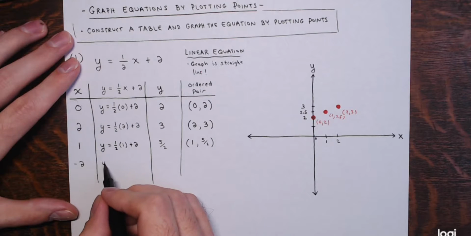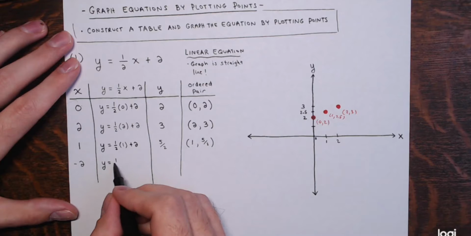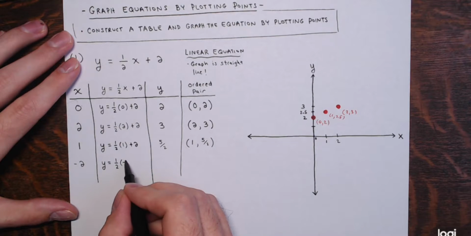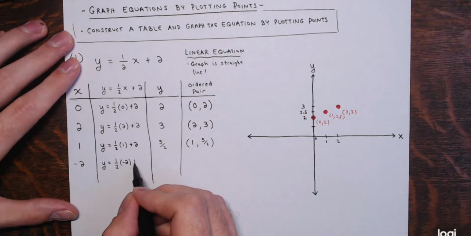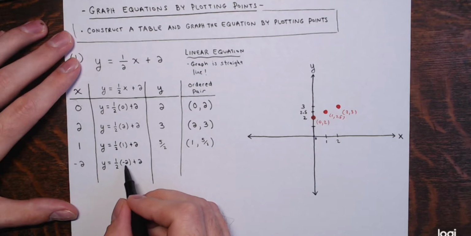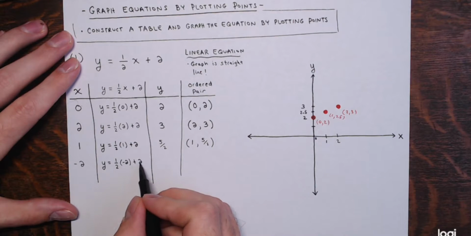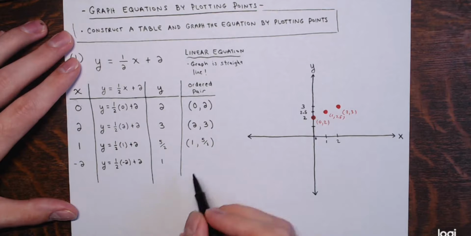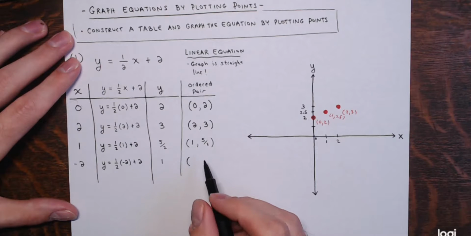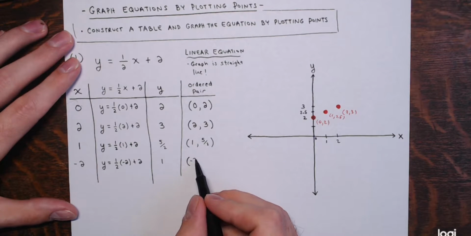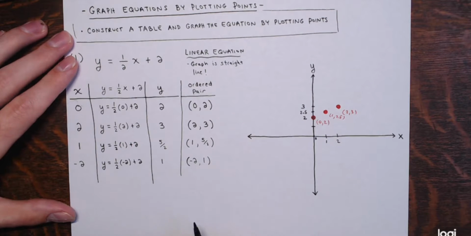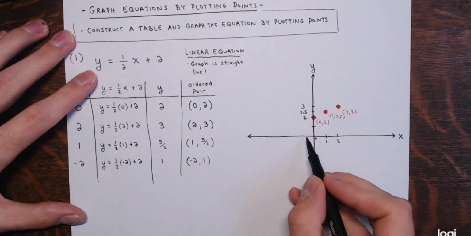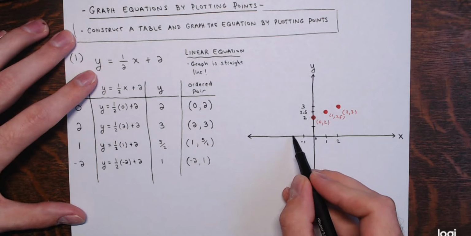Let's see what happens. So y equals 1/2 times -2 plus 2. Now half of -2 is -1, plus 2 is +1. So the point we're plotting has an x coordinate of -2 and a y coordinate of +1. I'm trying my best here to keep things evenly spaced by hand.